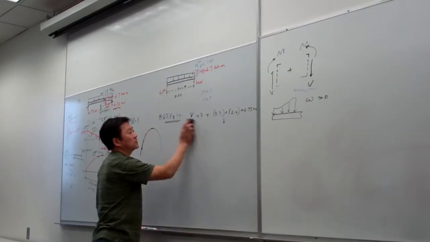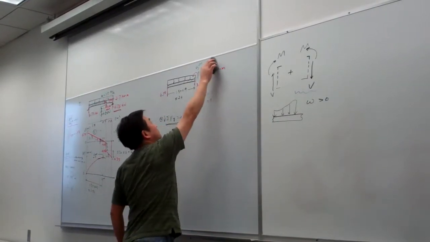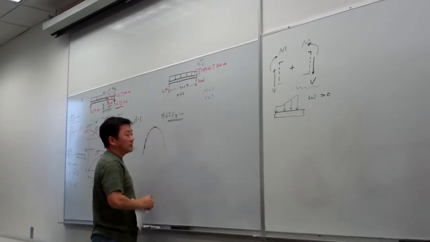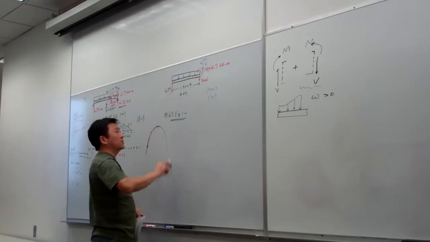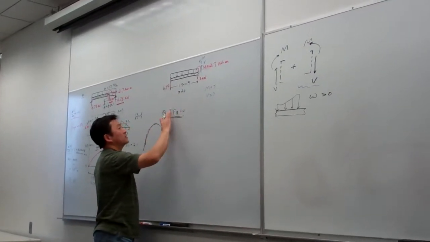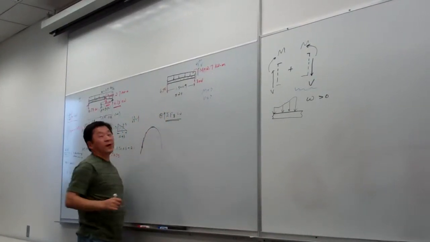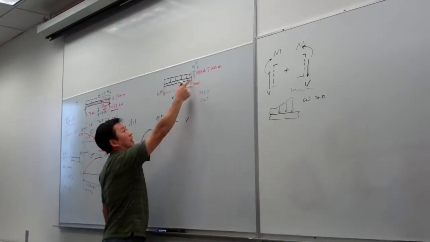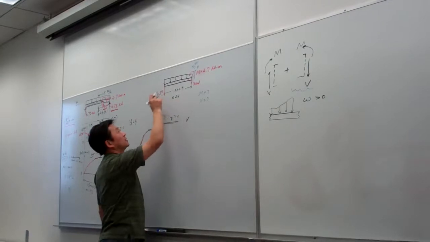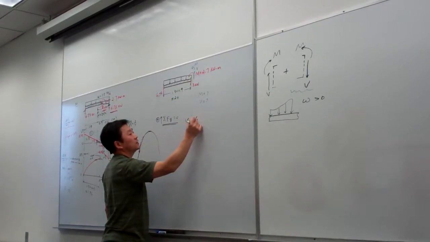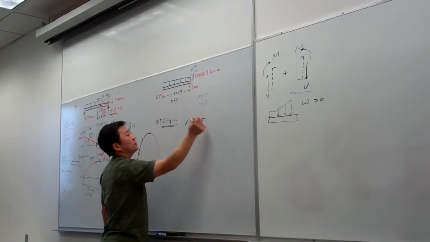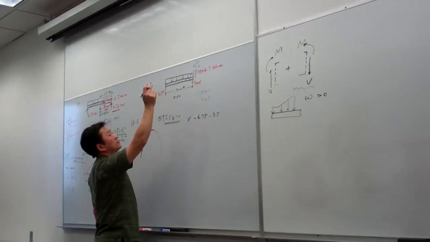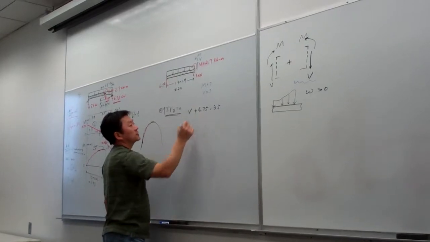Let me do this one more time. So how about this? This time I assume the V is upward, let me say the positive upward. So for this case, V upward, and then 6.5 downward, and then 3 downward, and 6.5 is upward.